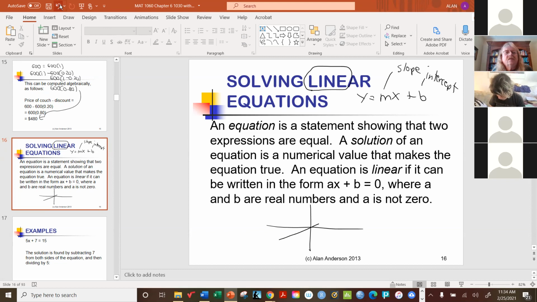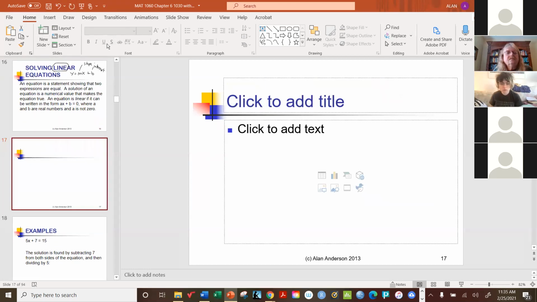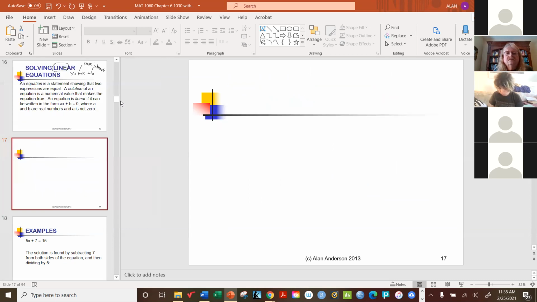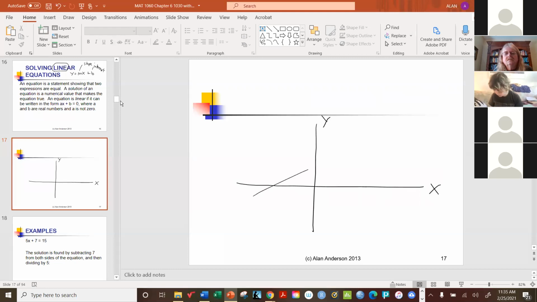So let's say we have this. Oh, let's not try that one. Let's try a different one. Actually, let me put it on another slide. This is too small. So here's my linear function. It's clearly a straight line with a slope of 2.